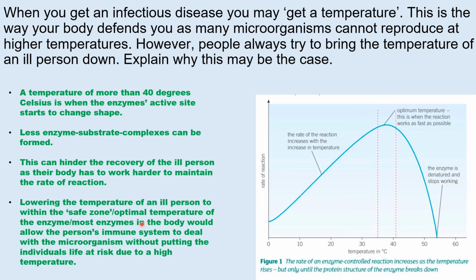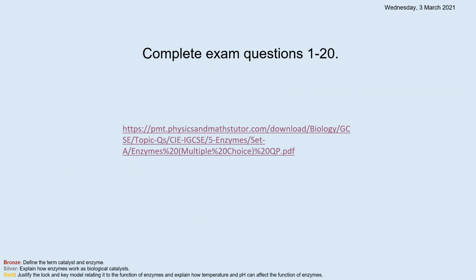Most enzymes in the body would allow the person's immune system to deal with the microorganism without putting the individual's life at risk due to a high temperature. So lowering it to sort of 38, 39 rather than allowing it to get past this point will still kill the microorganisms because it's at a higher temperature, but it will not put the person's life at risk.